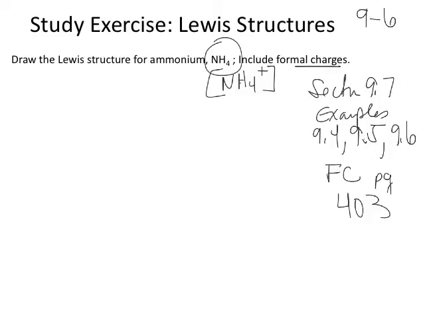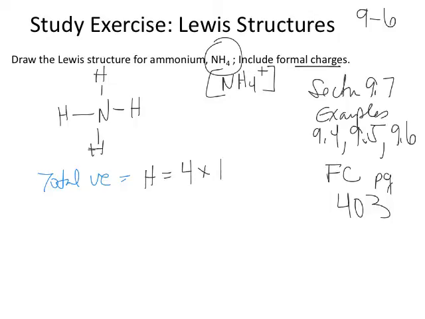And here, your central atom is going to be nitrogen, because hydrogen is always on a terminal position. So you go ahead and draw that in. The second thing you do is your total valence electrons. Each hydrogen, there's 4 of them, and they each have 1. And the nitrogen is in group 5, so it has 5 valence electrons.